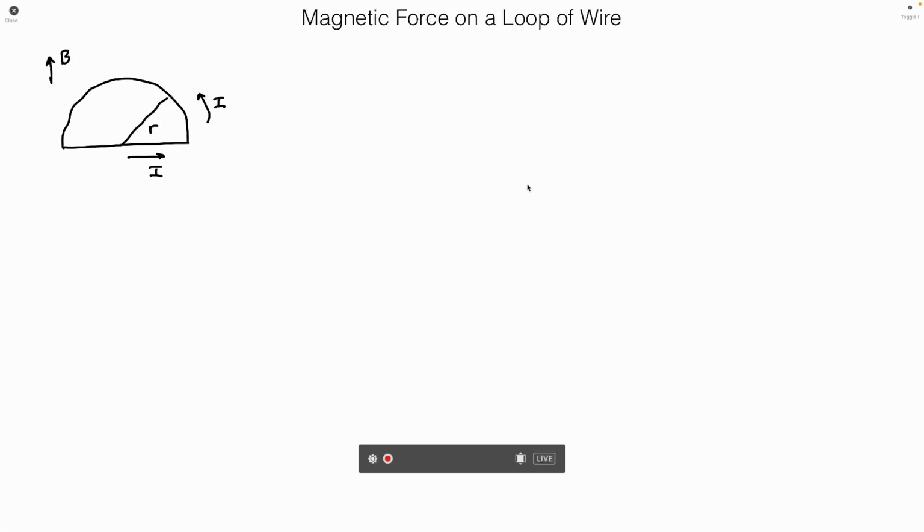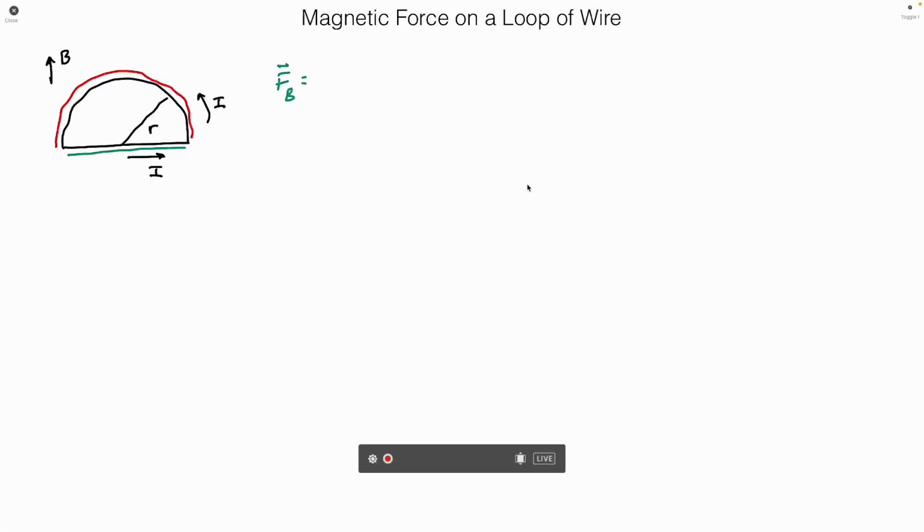And the way we're going to do it is we're going to break it up into two parts. We're going to integrate, but we're not really going to integrate. What I want to do is this bottom part separate from this part. So let's do the bottom part first, because that's more straightforward.